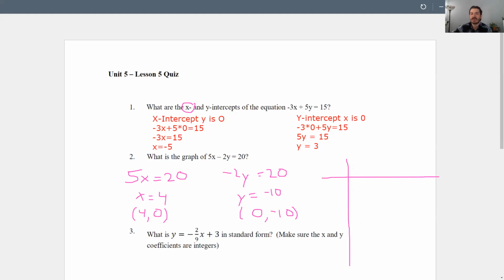Well, because I know what my points are. You'll see what I mean in a second. If my negative 10 is here, well, it's about this distance, half of it, a little less. Boom. This is 4, 0. This is 0, negative 10. Doesn't have to be exact because I'm just sketching.